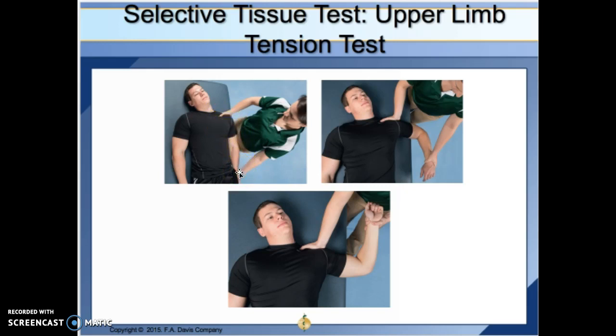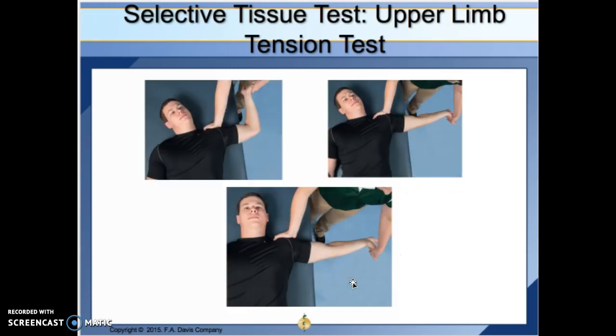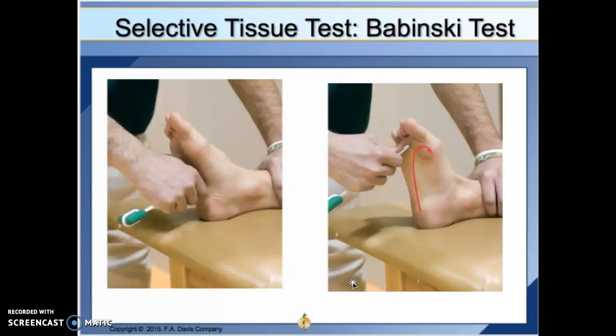Then we put the shoulder into slight abduction, starting in internal and moving into external rotation. On the next slide, we'll see that we then extend the elbow and extend the wrist. This is very much like the slump test because you check with your patient at every step, and if they report positive neurological symptoms, then you stop.